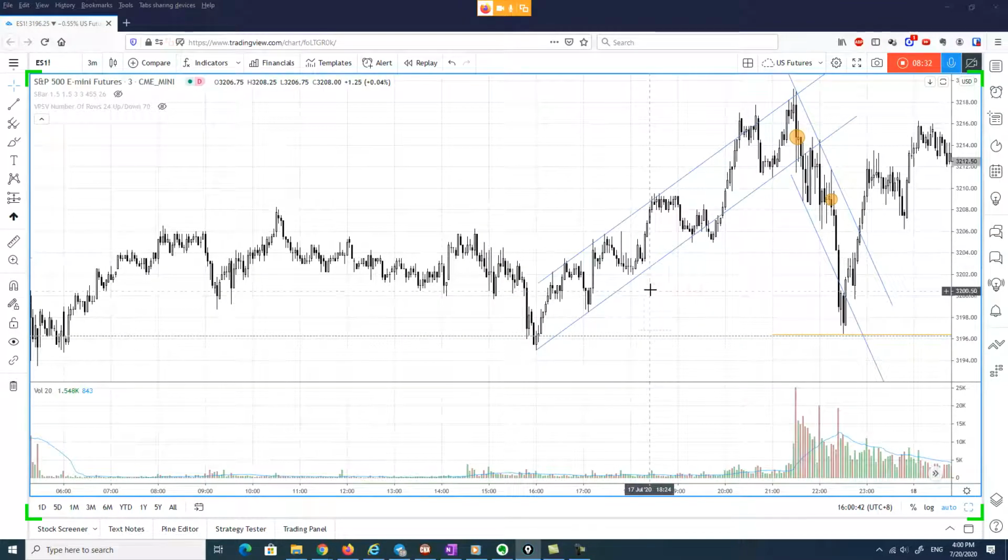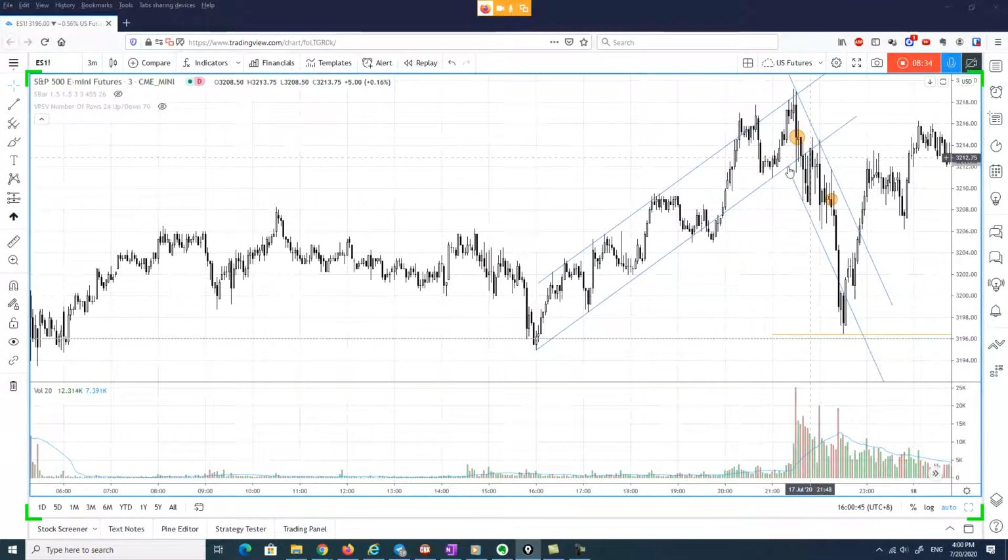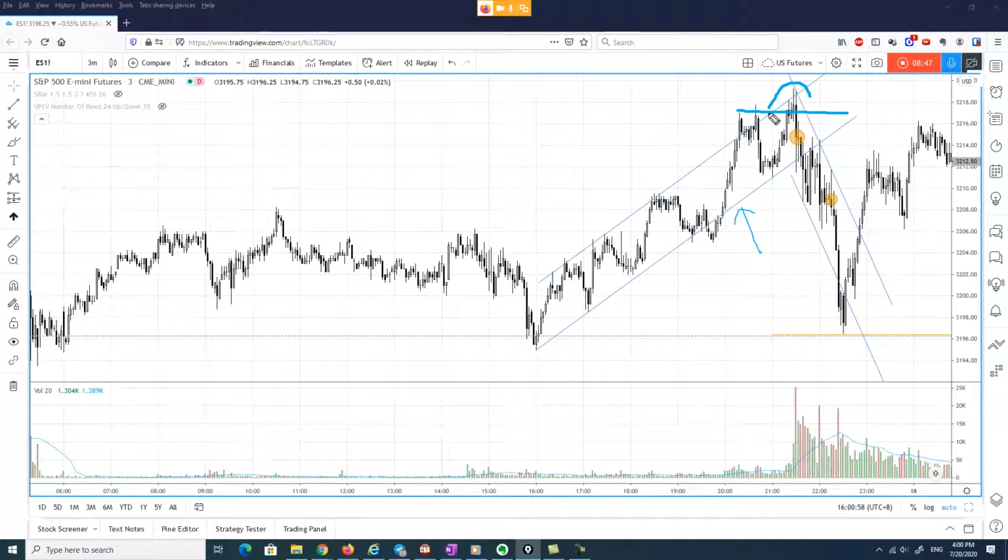If we use an uptrend channel here, which I have already marked up, this is the up channel, and you can see it bumps into the overbought area here. Together with this upthrust scenario at the localized swing high, this is like a confirmation.